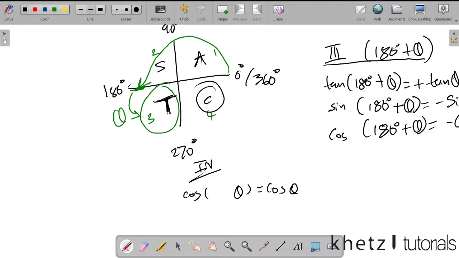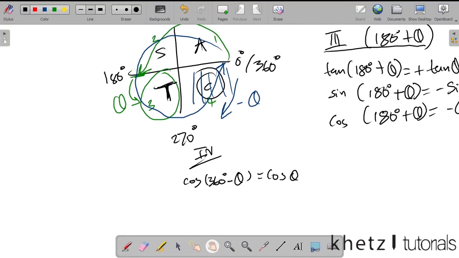We go 360 degrees in the positive direction, then subtract theta to end up in the fourth quadrant. So the description in terms of angles would be 360 subtract theta, and cosine of that equals the positive cosine of theta, because that is its quadrant. And everything else will be negative.